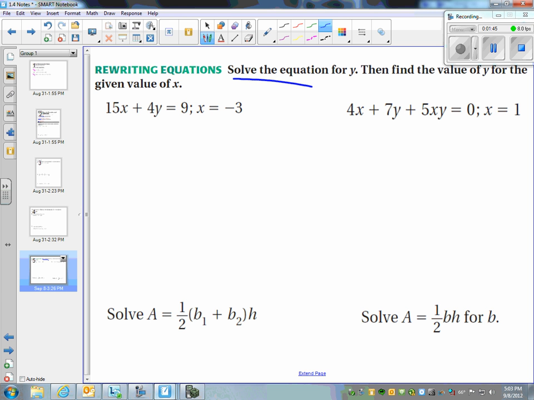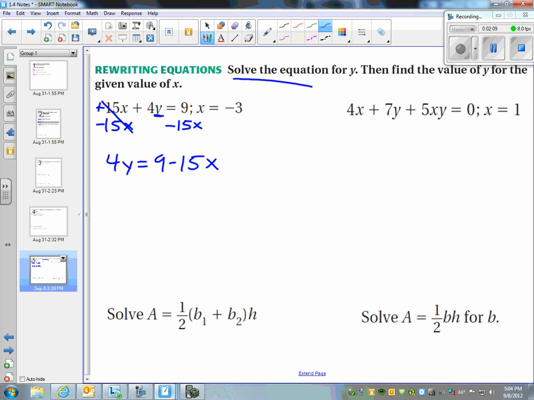So rewriting this one for y, what we want to do is get y by itself. So that means we've got to move the 15 over. It's a positive 15, so the opposite of positive 15 is a negative 15. So we have this. To cancel out a positive, you subtract.